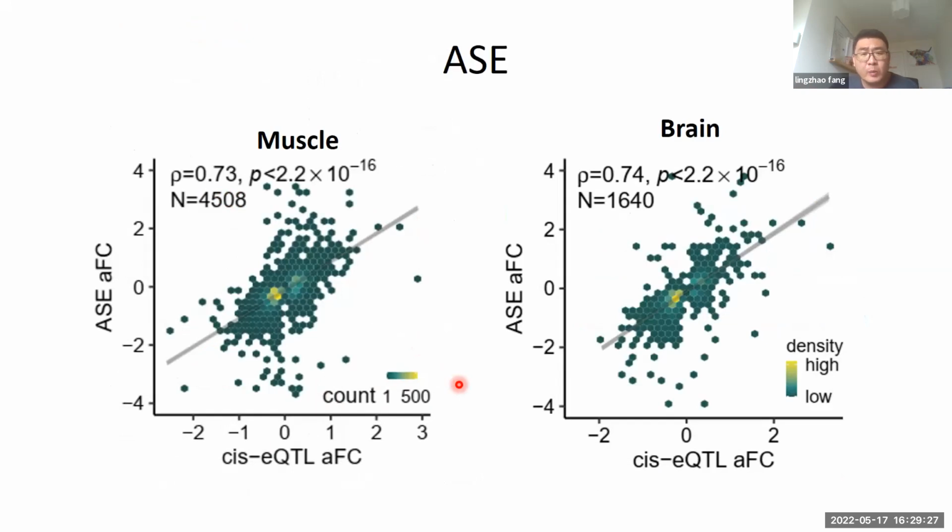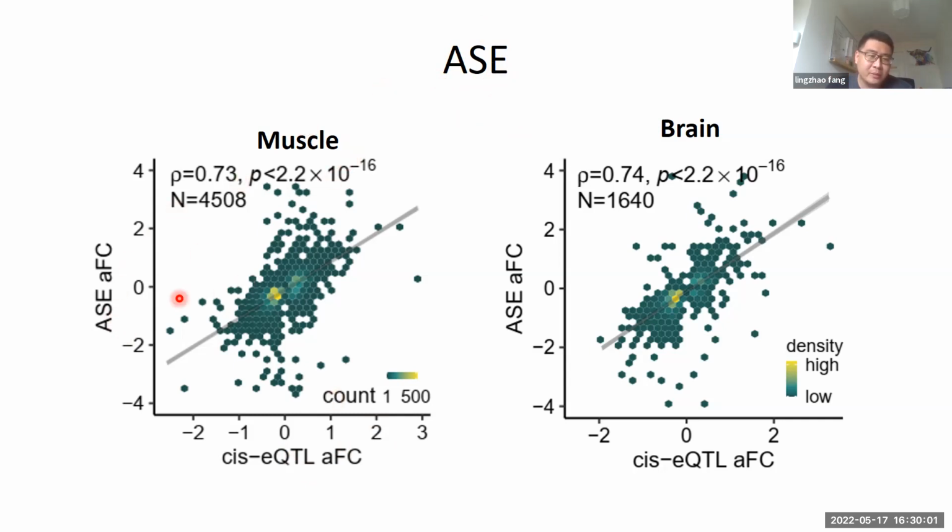And then we also did another complementary analysis for cis-eQTLs. Because in cis-eQTL analysis, a population analysis, there are a lot of confounding factors that could be an issue, like the population structure. But ASE, allele-specific expression, is an analysis at the individual level, so confounding factors are not a big problem.